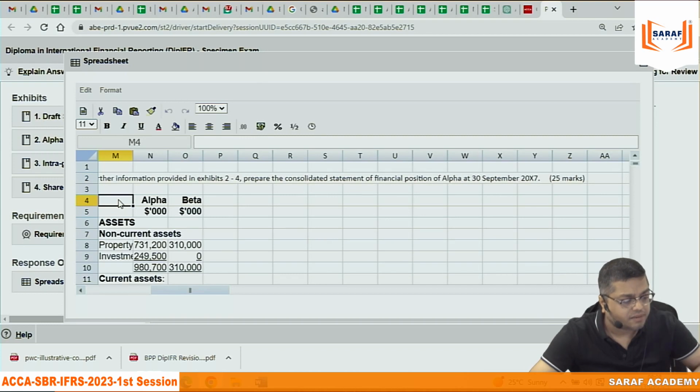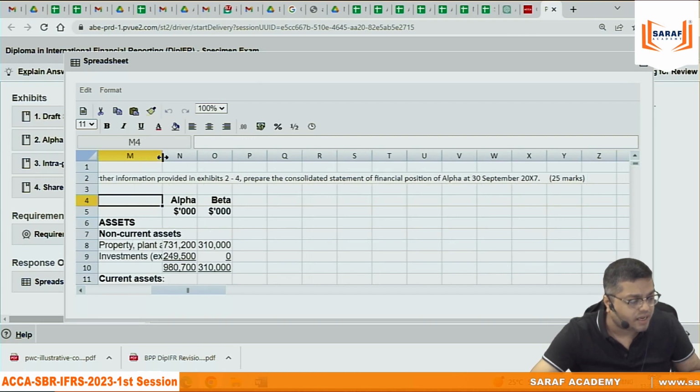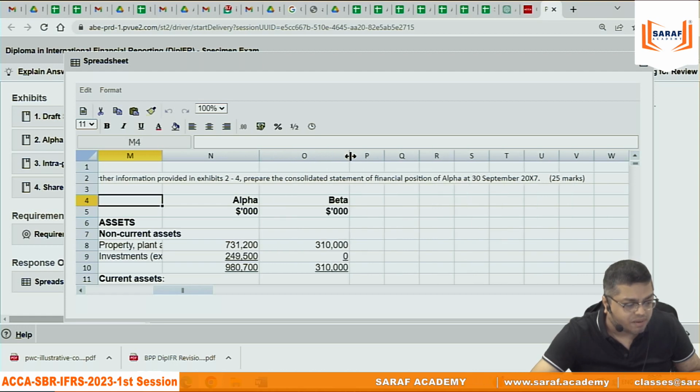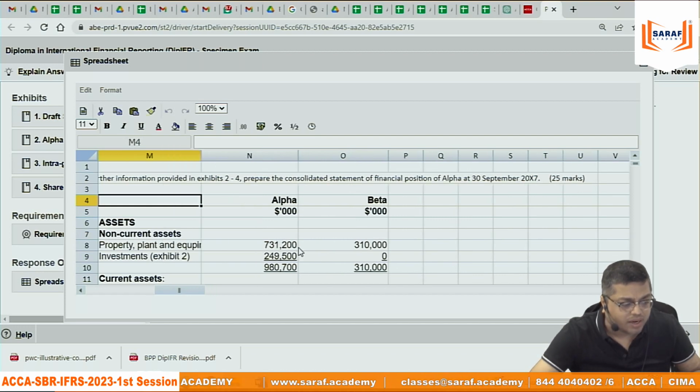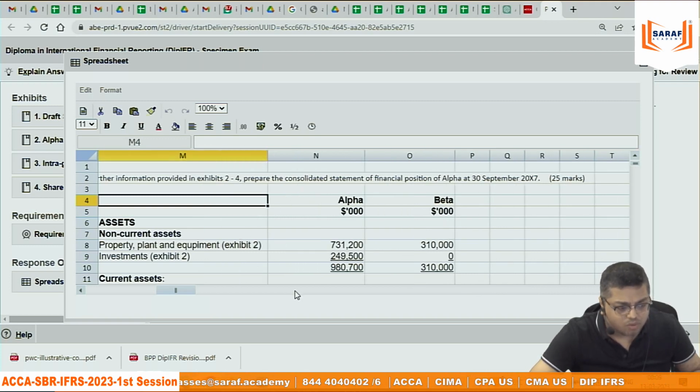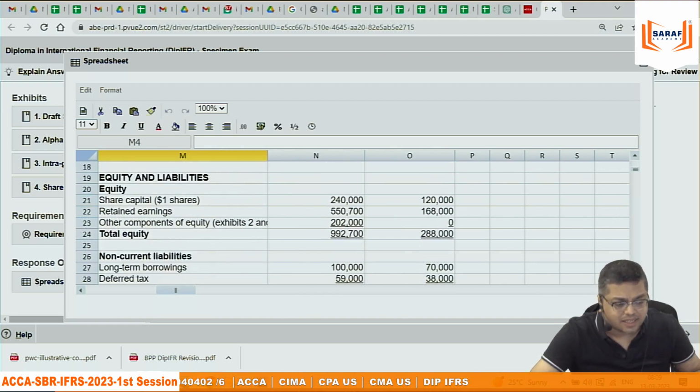A little bit the figures are arranged. You all are better than me in Excel. I don't have to teach you Excel. But when you are regularly working on Excel in your organization, the exam is also based on Excel. If the numerical questions are there, they are purely presentation in Excel.